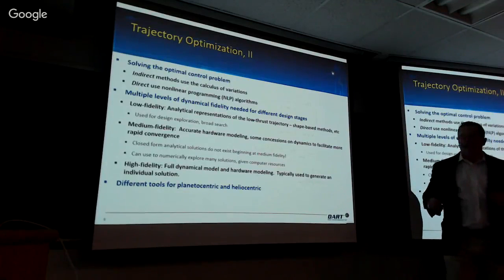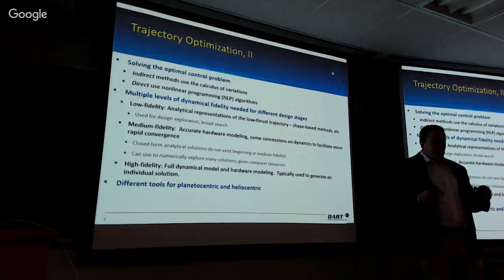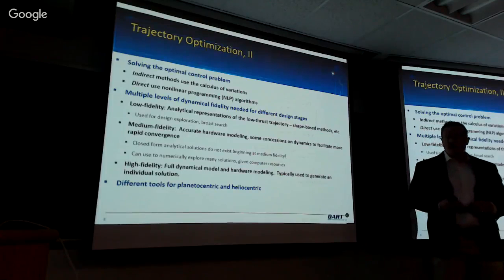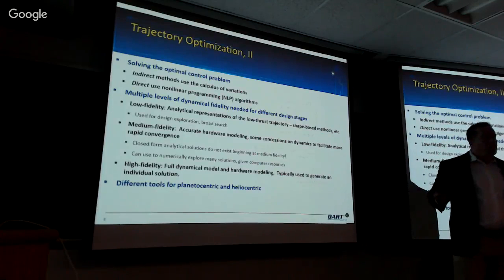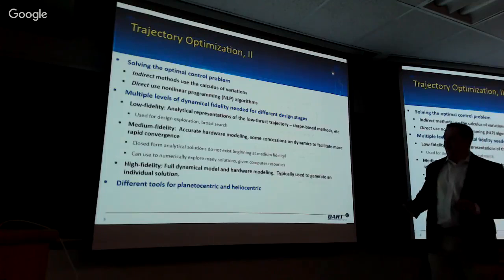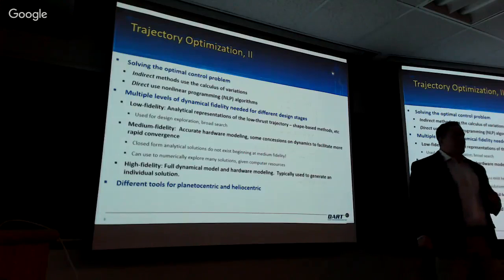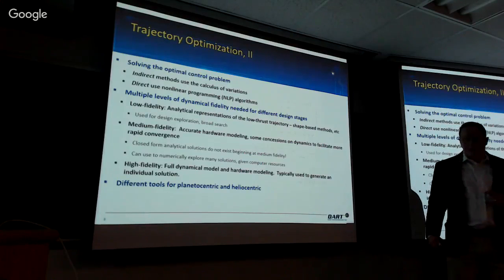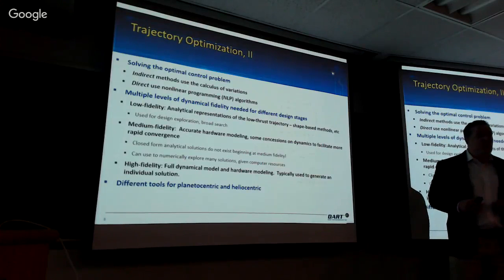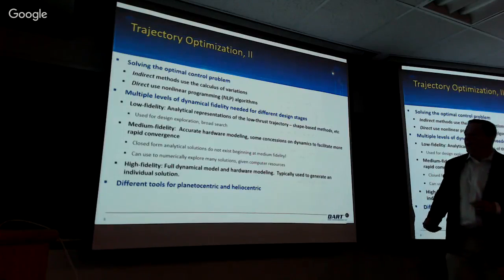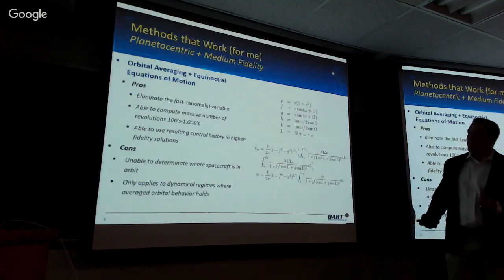Planetocentric transfers with very low thrust result in many, many revolutions, hundreds, thousands of revolutions, and that's challenging. Heliocentric, you're dealing with gravity assist, so things change there as well. Different assumptions are needed for different regimes. Very seldom will you find a tool that's built to handle both of those design regimes. You'll find tools that can do it in high fidelity, but if you don't know what your solution looks like already, you're basically dead in the water.